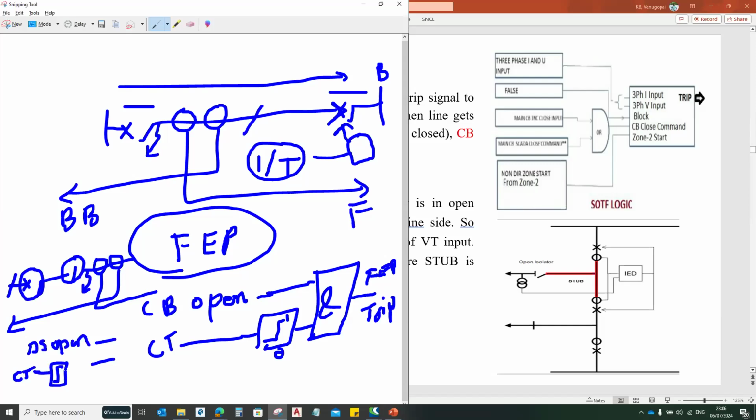If the CT measuring current is more than the actual rated current, meaning it is more than the setting value, then it will check the AND gate and send inter trip to the remote end. This is called stub protection. So feeder end fault protection is based on the CB condition and stub protection is based on the disconnector condition.